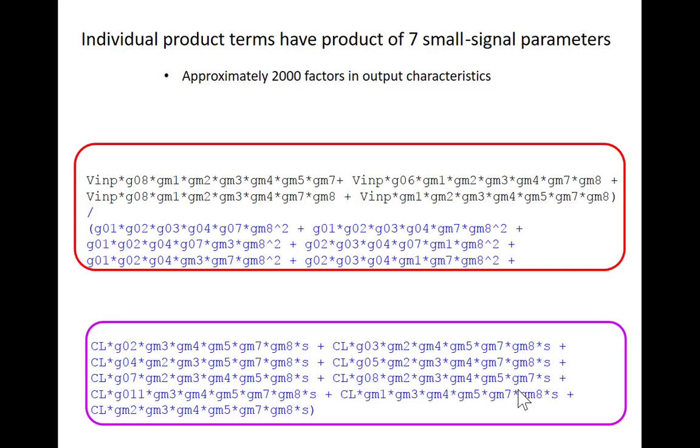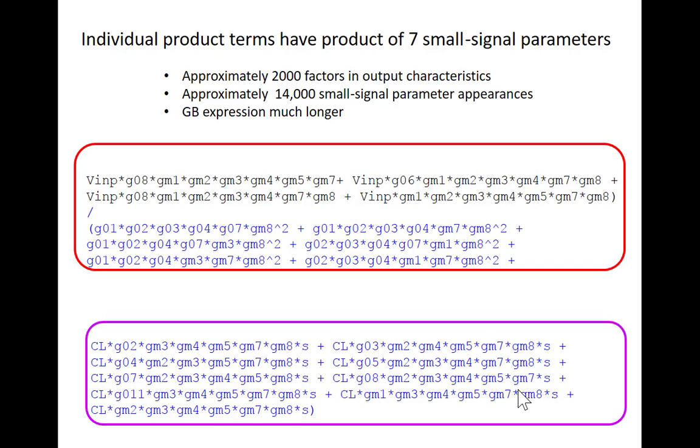There are approximately 2,000 factors in the output characteristics, 2,000 of these terms that have 7 conductances in them. There are approximately 14,000 small signal parameter appearances in this expression. And this is for the output voltage.